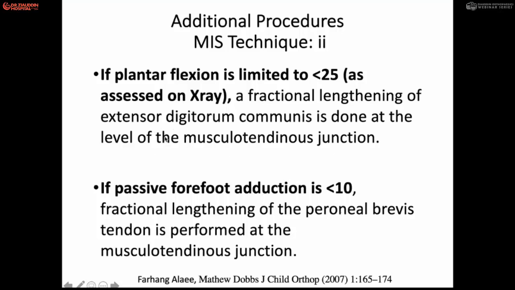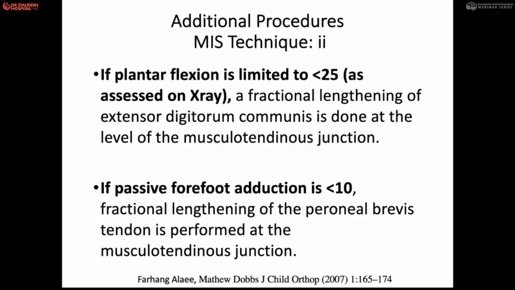You have stretched the skin and manipulated the forefoot, and if forefoot adduction is less than 10 degrees or plantar flexion less than 25 degrees, you need an additional procedure to release the tightness of the extensor digitorum communis and the peronei. So for the peronei, again a fractional lengthening at the musculotendinous junction with an additional incision in that compartment on the anterolateral surface of the tibia.